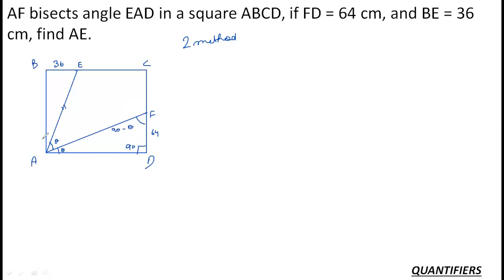If this is theta, this is theta, can I say this will be 90 minus 2 theta? If this is 90, this is 90 minus 2 theta. This will be 180 minus 90, 90 minus this. This will be 2 theta only. This angle is 2 theta.